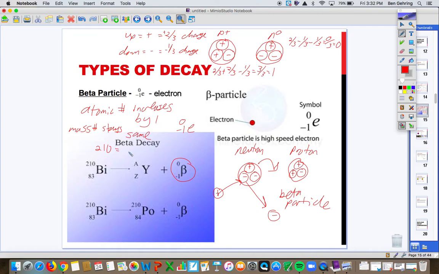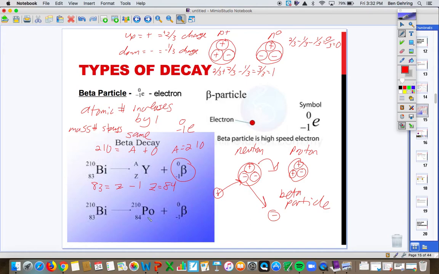So this equals A plus 0, which means that A equals 210 for my leftover nuclide. On the bottom, I have 83 equals Z minus 1. So I'm going to add 1 to the other side. I know that Z equals 84. So bismuth-210 undergoes beta decay and becomes polonium-210.